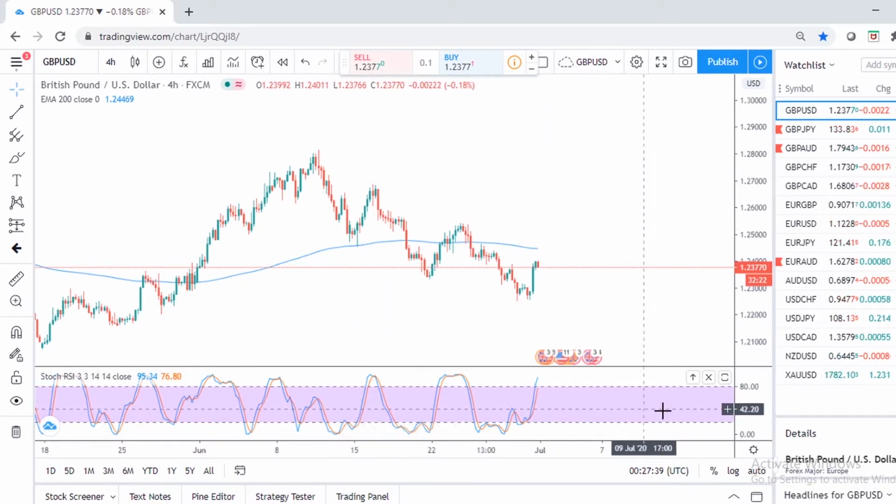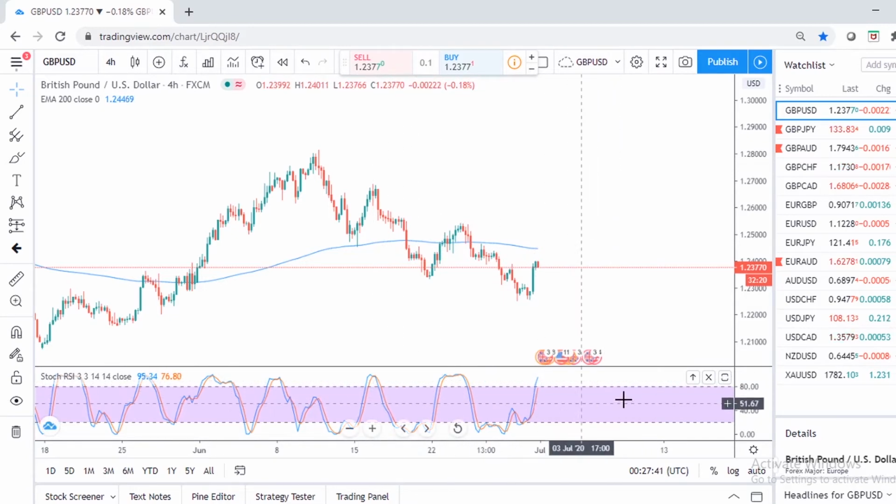Pag yung nasa taas, makikita nyo itong parang kulay purple na to, if the price goes above it, it's an indicator that tells you that the price is overbought. Okay? It's overbought. Pag nasa ilalim, oversold. Kasi buy tayo pataas, sell tayo pababa.